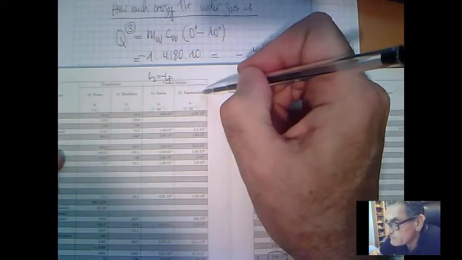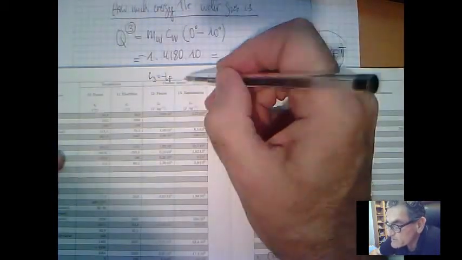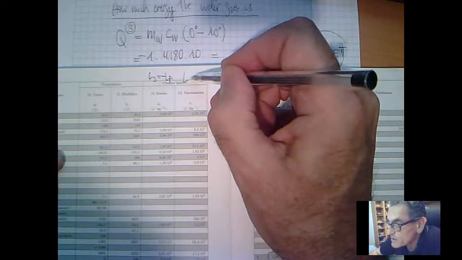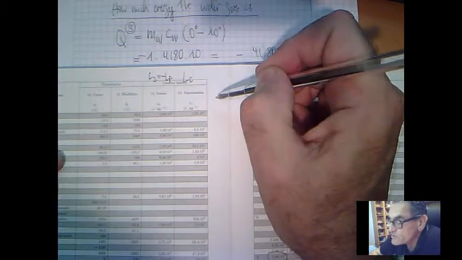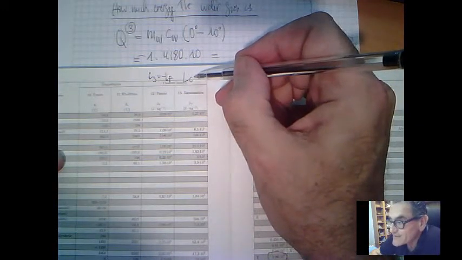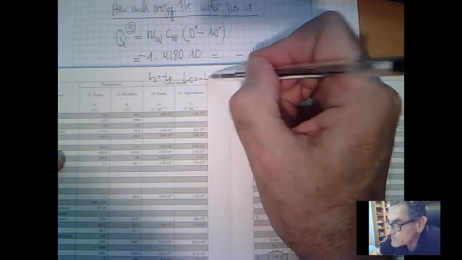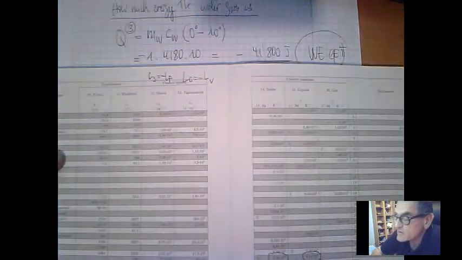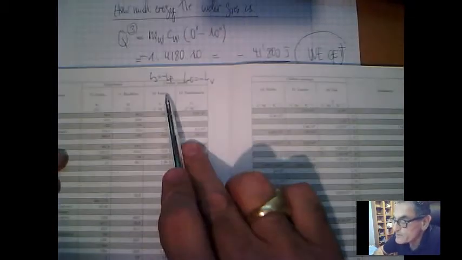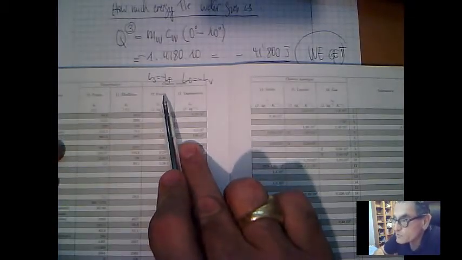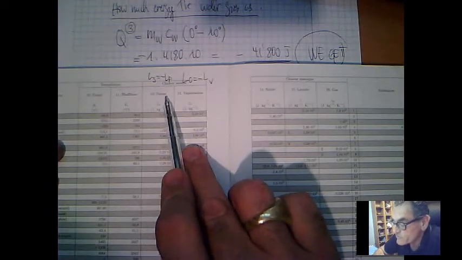And if instead of vaporization, which means transforming a liquid into gas, you do condensation, which means transforming a gas into a liquid, then the latent heat for condensation is minus the latent heat for vaporization.